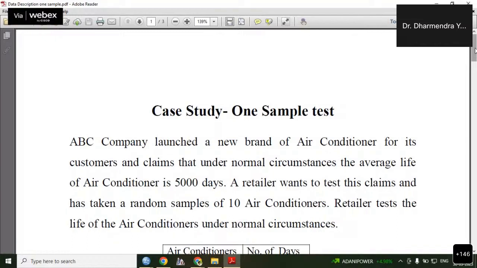Now we want to test whether this information, that the average mean height of these participants is 150 centimeter, holds with the sample mean, and the sample mean will come from collecting the information from this group of people.